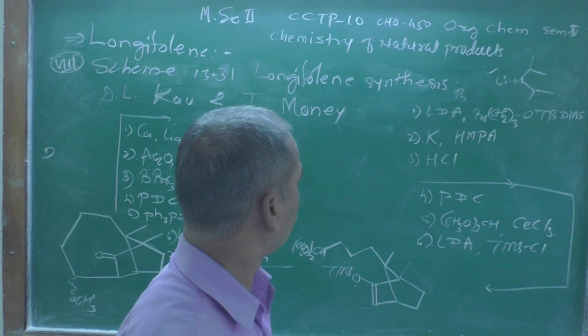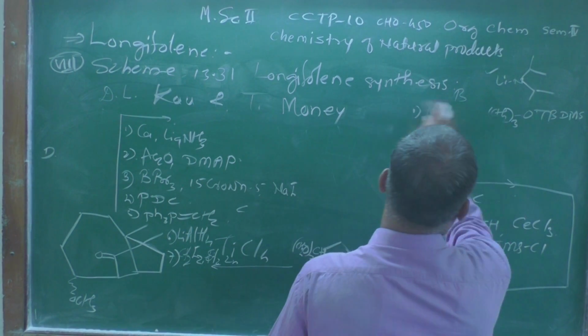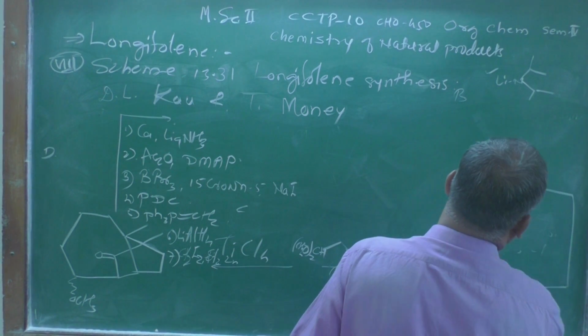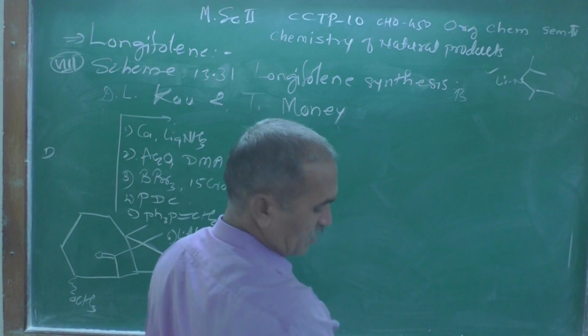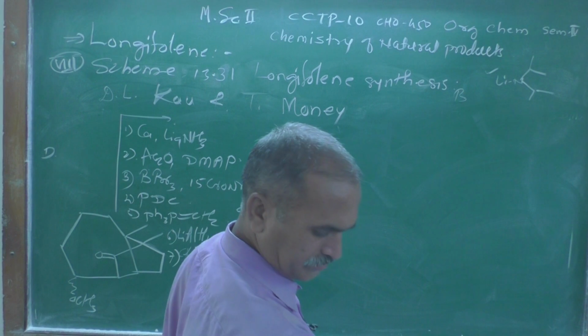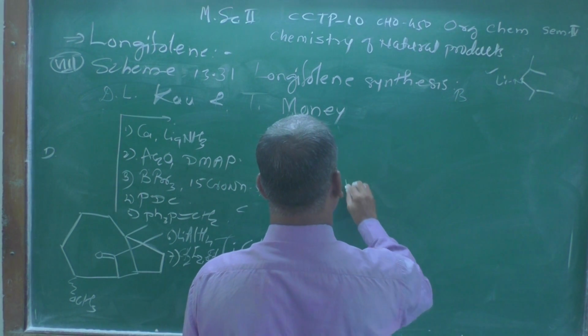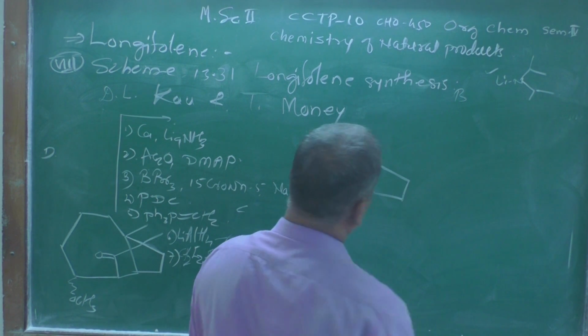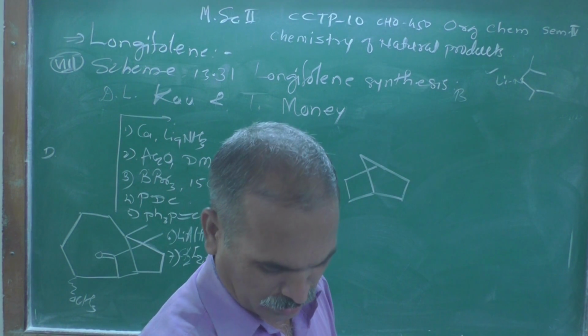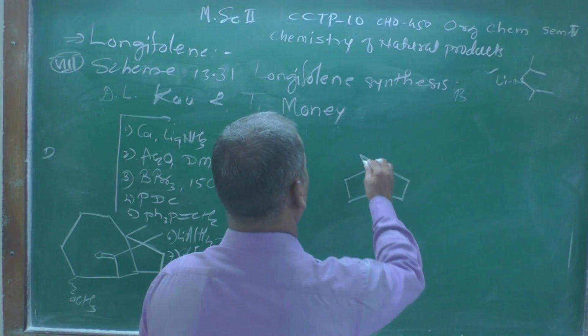We are getting the product. Here I am going to show that product. The product will be this one. This is the product which we are going to get over here.